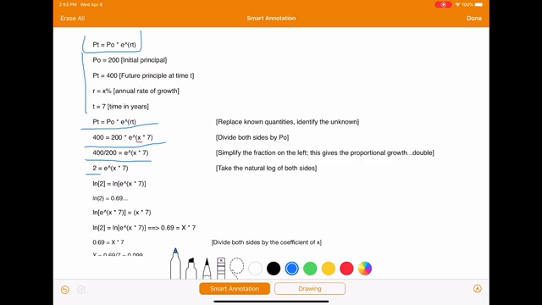So we had our unknown multiplied by 200. We did the inverse of that. We divided by 200. Now we've got the unknown as a power of e. Well, how can we reverse that? How can we do the opposite action of raising something to a power of e? Well, that's exactly what the natural log is.